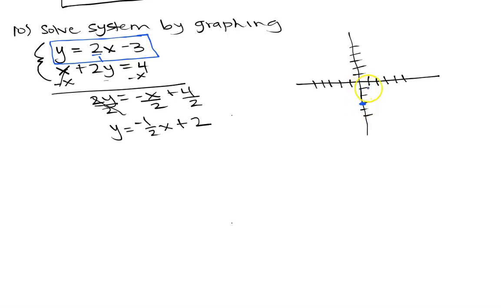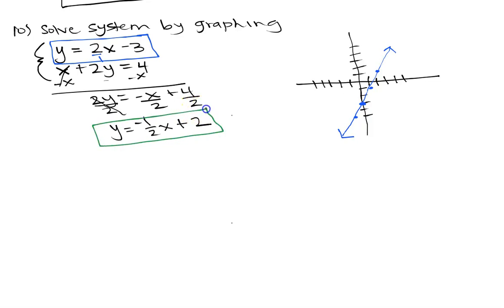So up 2 over 1, up 2 over 1, or you could go down 2 and left 1, right? Any of those will go across there. And then let's graph the other one.